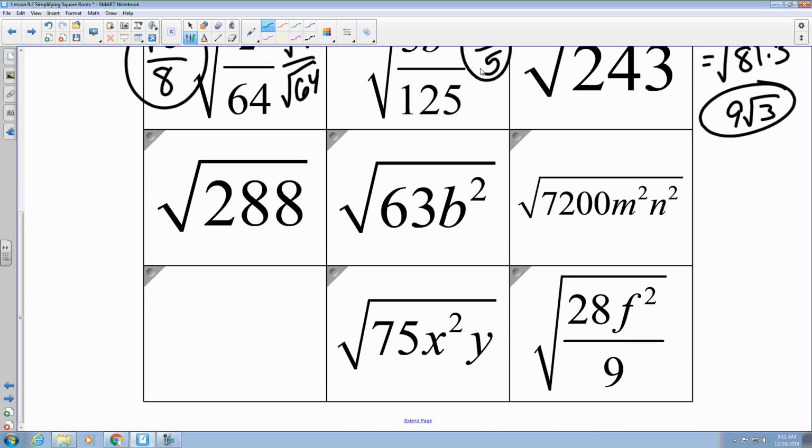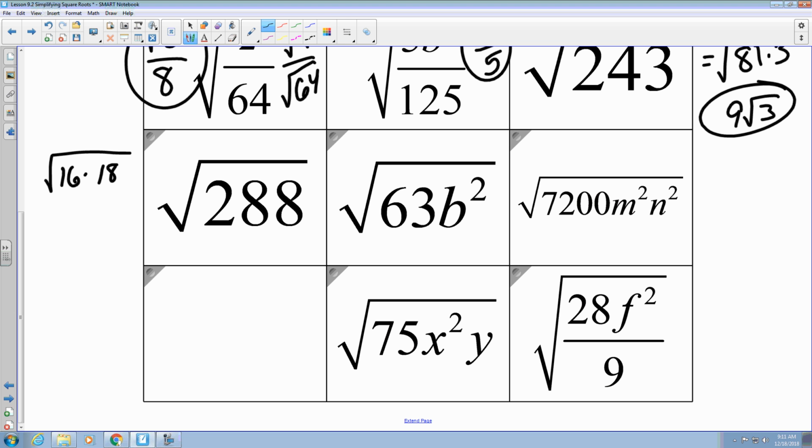The square root of 288 is not a perfect square number, so I have to find something that'll work. And I found something, and since I already found it, I'm going to go with it. I know that 16 times 18 is going to give me 288.